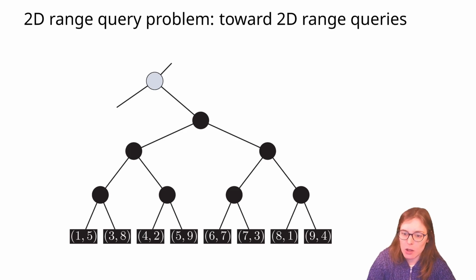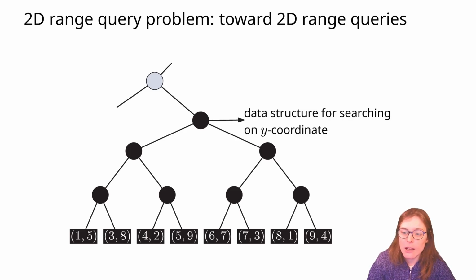And what we do is we're going to store an additional data structure that will be referred from that highest black node. So we will have an auxiliary data structure which will contain all the same points that form the leaves of the given subtree and make it easier for us to search on the y coordinate.